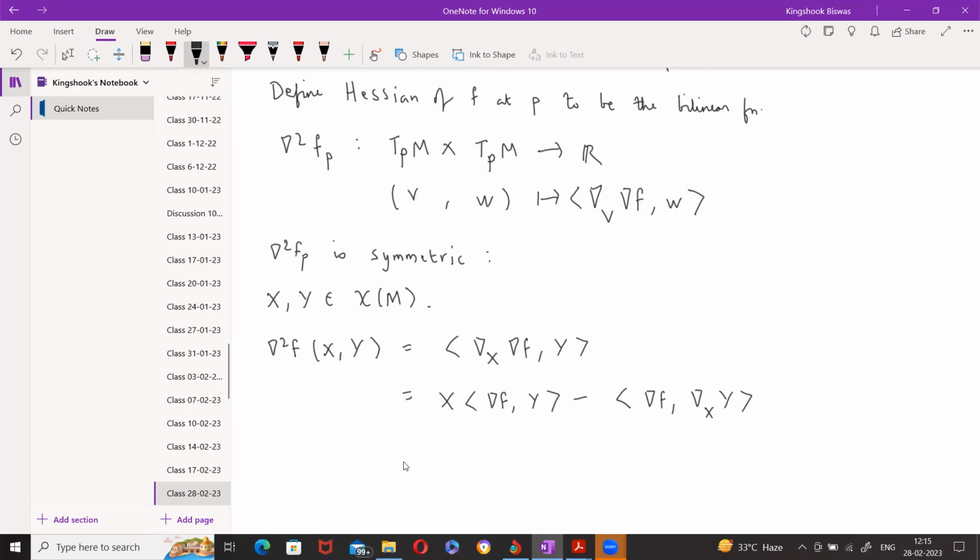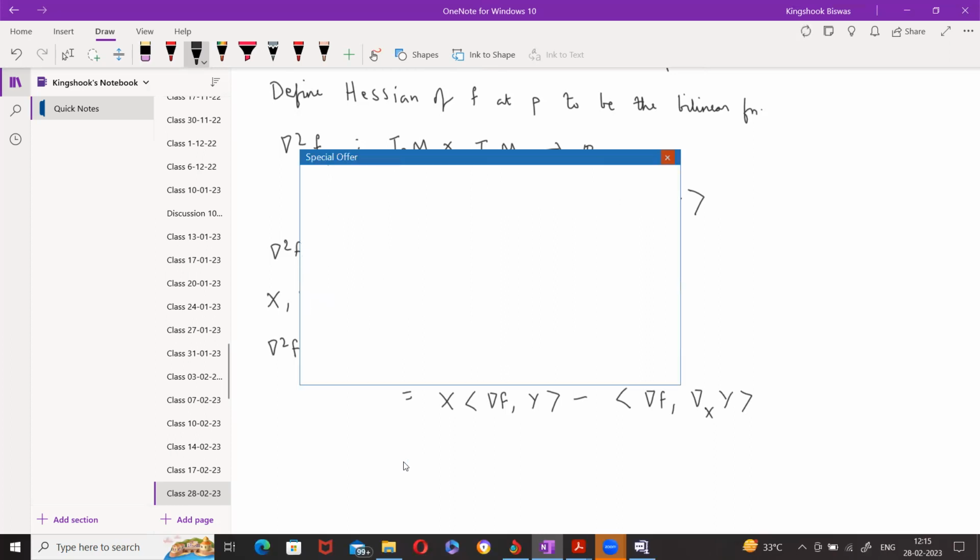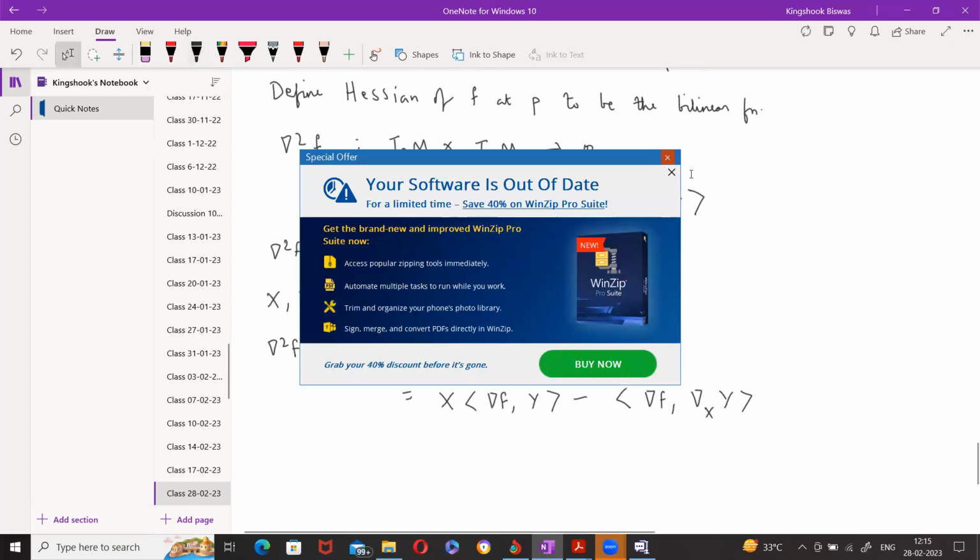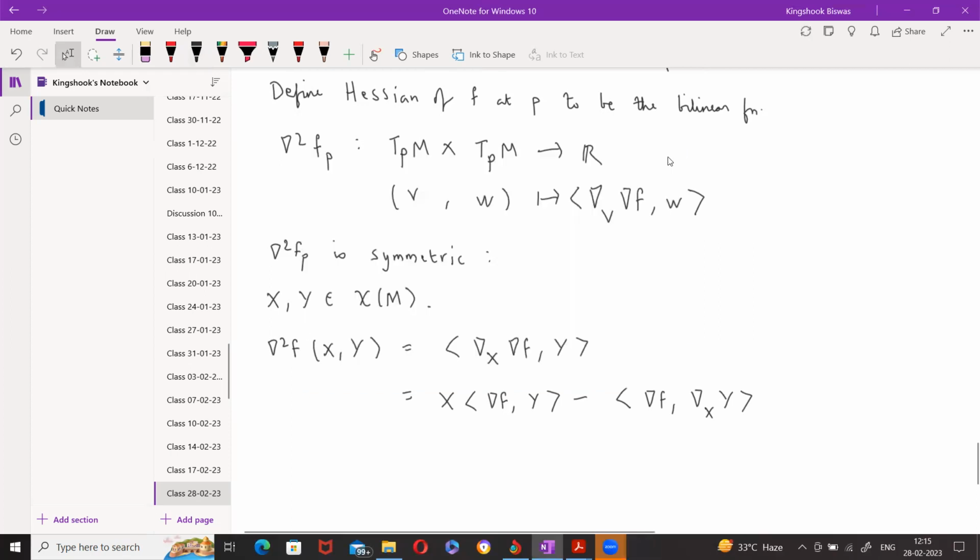Now the first term, grad f inner product with Y, is the same as df acting on Y, by definition of the gradient vector field.